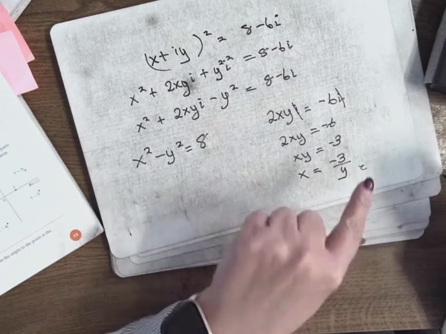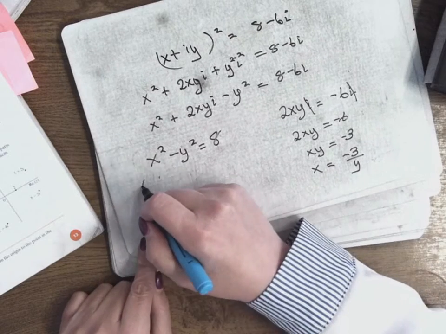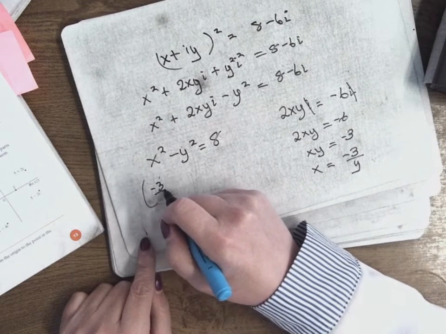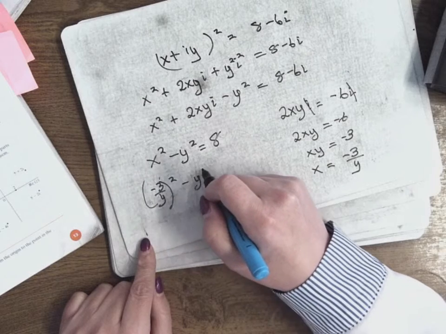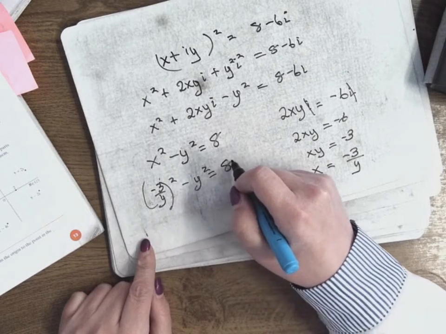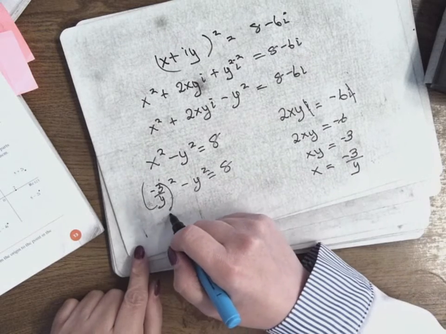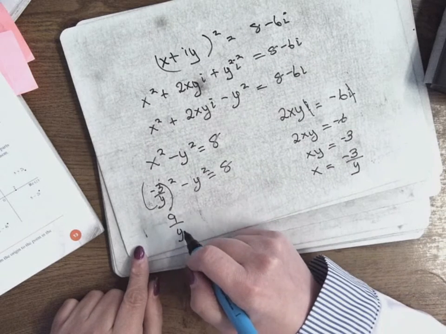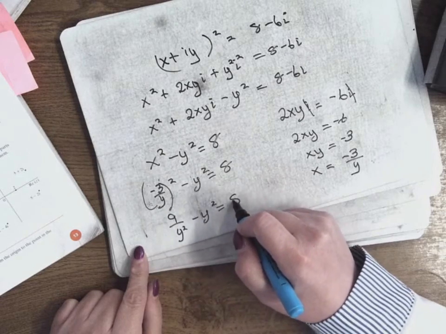Or you could go the other way, y equals minus 3 over x. Back over here, everywhere I see an x, I'm putting in a minus 3 over y. So that squared minus y squared equals 8. That would be 9 over y squared minus y squared equals 8.